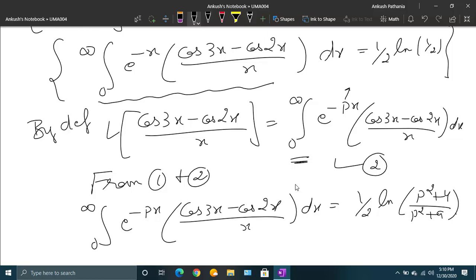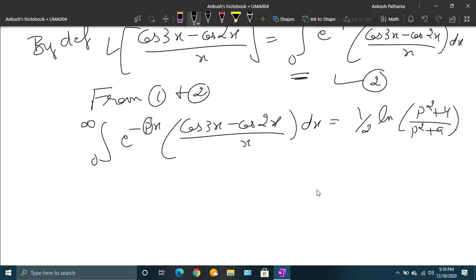Now to get the desired result, that is this one, I need p equals to 1 here, only then I will get the desired result. So put p equals to 1.